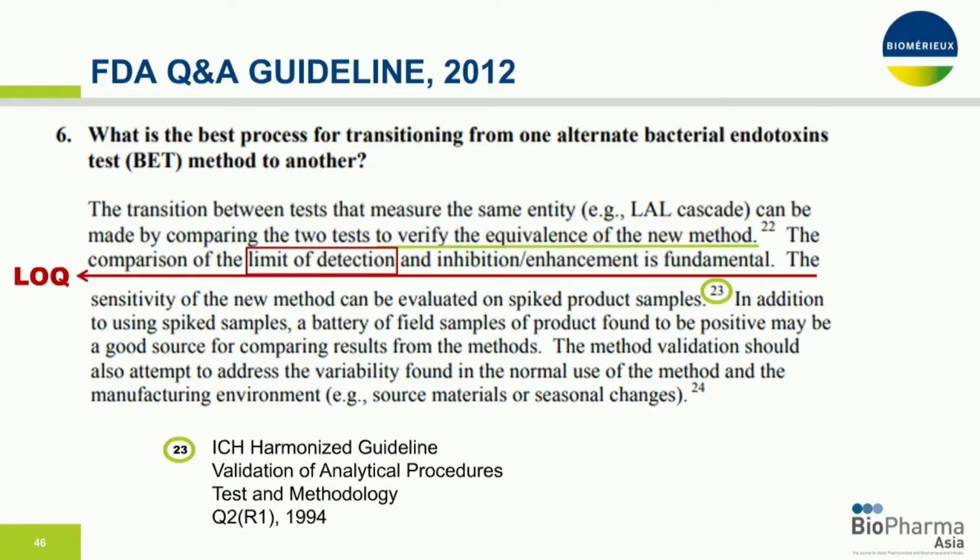So FDA is wanting to look at the limit of quantitation, because it's not a limit test, and also look at the inhibition enhancement as per BET 85. These things are also gone over in the ICH harmonized guideline on validation. So between the two, you can get a better idea of what they're expecting.